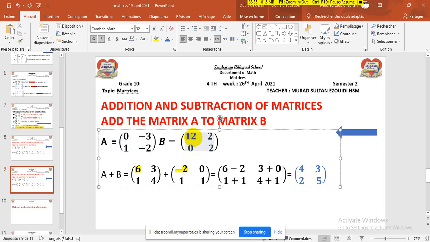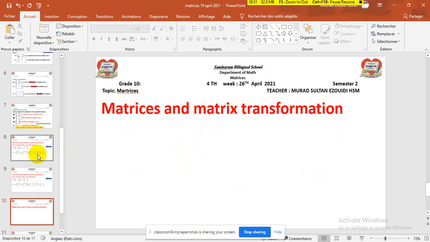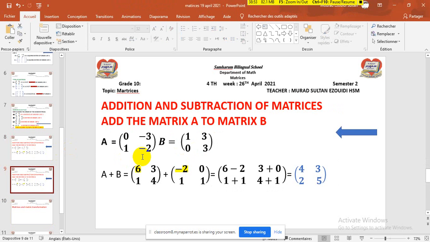This is 1, this is 3, this is 3, this is -1. Clear?